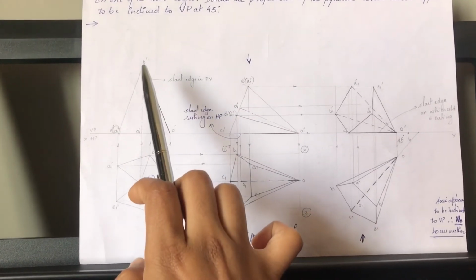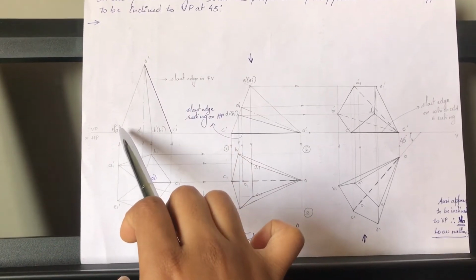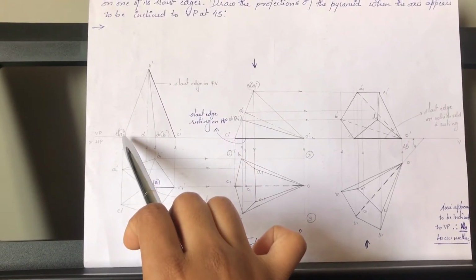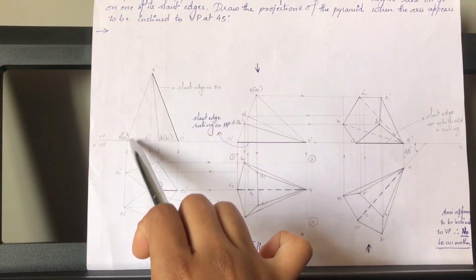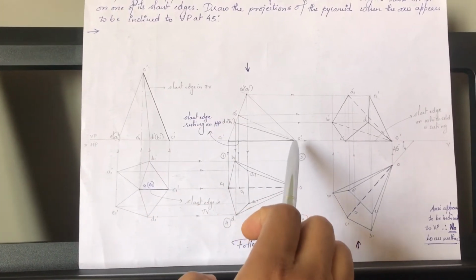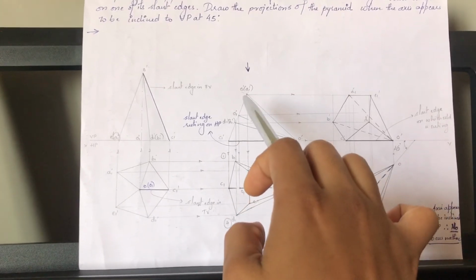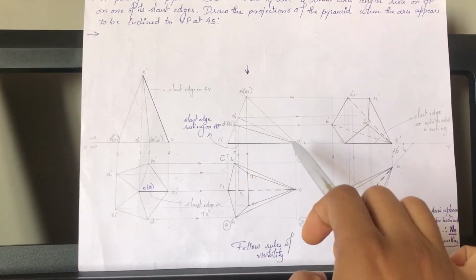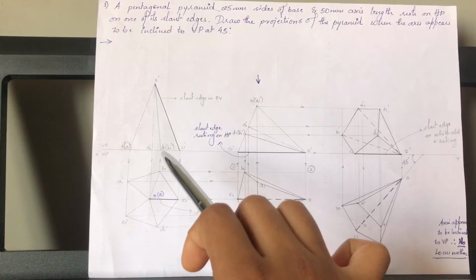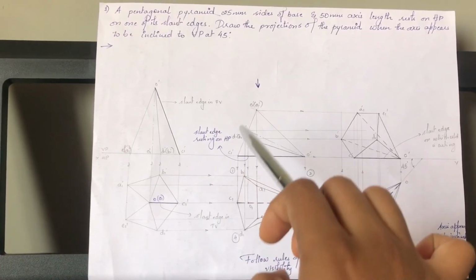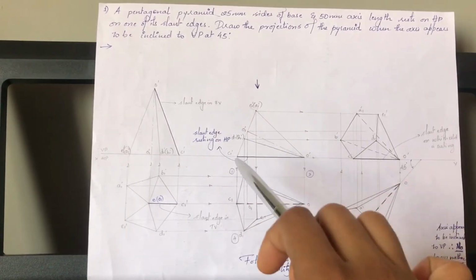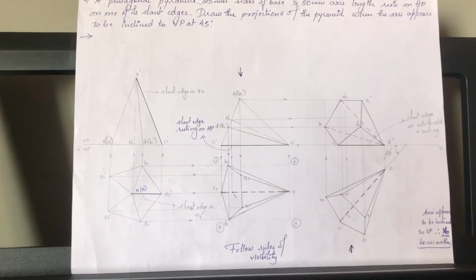Likewise you do it for O dash to E1 dash A1 dash: you measure this line with the compass, keep your compass here and mark it. Once you get this point of intersection, you complete the triangle. Likewise you can mark O and D1 dash B1 dash on this and complete this pyramid.